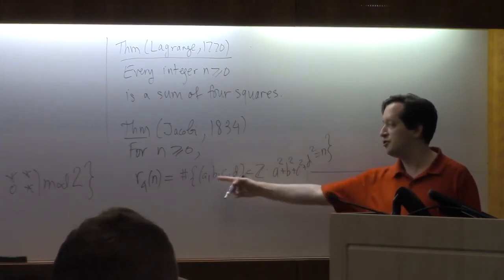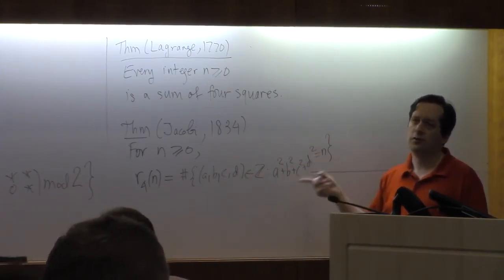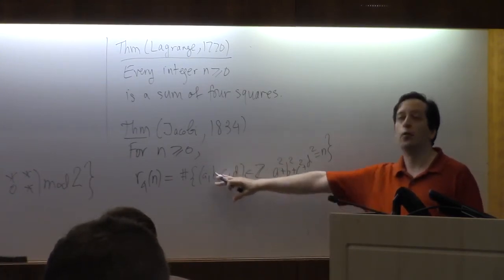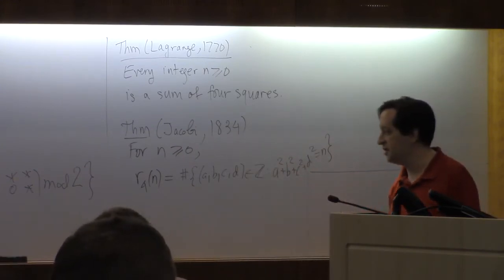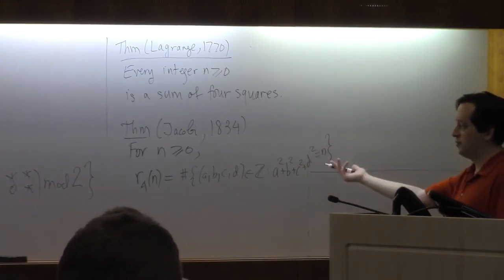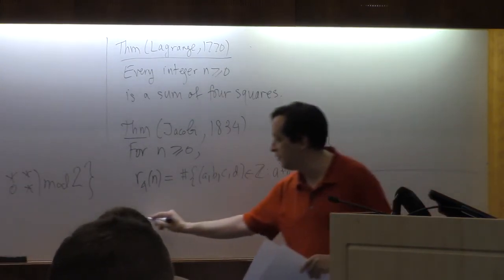If you can do this once and you change the signs in a, b, c, d, you get new representations. So you might think this is redundant and maybe I should only count positive ones. No, it's good to count all ways of doing it, even allowing negative a, b, c, or d. The theorem is not the definition of the notation. The theorem is an actual formula, and here's the formula that he gave.